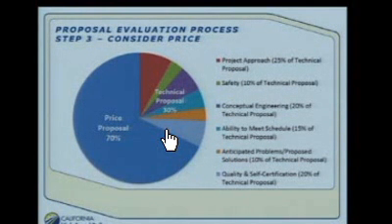Although it actually folds back in the technical proposals that we received, now the technical is weighted at only 30%, and the price component is a full 70%. The same 6 categories are in the technical proposal piece. That's 30%.